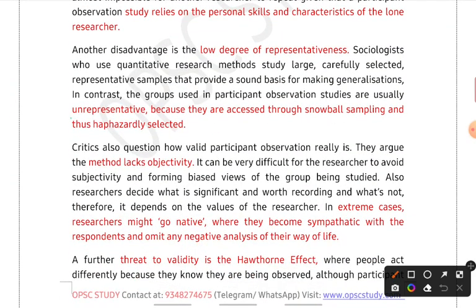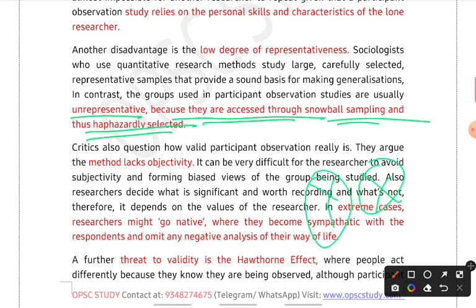Unrepresentative because they are assessed through snowball sampling and haphazardly selected. Now what is happening is that I'm haphazardly selecting. I will try to understand this institution from X person or Y person only, but the other person comes and tries to study the society from Z person, from A person.